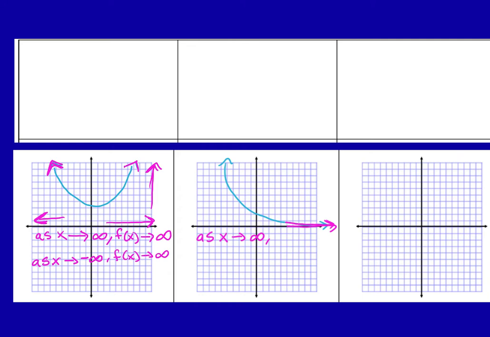It will never hit zero, never cross zero, but it will forever approach zero. So as x approaches infinity, f of x approaches zero. And the other way, as x approaches negative infinity, the y values approach positive infinity.